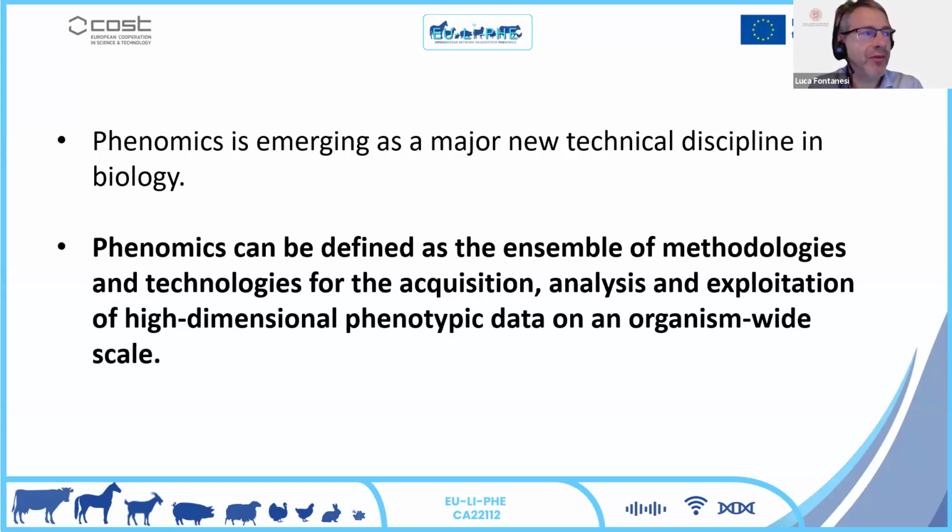We can define phenomics as the ensemble of methodologies and technologies for the acquisition, analysis, and exploitation of high-dimensional phenotypic data on an organism-wide scale. So what does it mean, organism-wide scale?